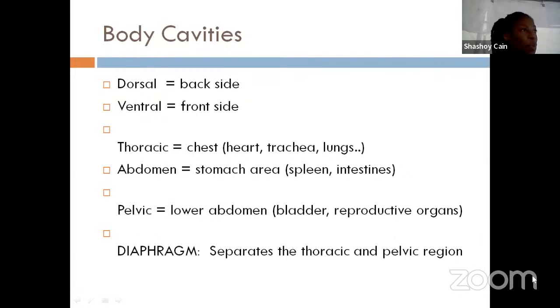And you have the abdomen, which is the stomach area, which includes the spleen and the intestines. So you have pelvic, which is the lower abdomen, which includes the bladder and the reproductive system organs. And the diaphragm separates the thoracic and the pelvic region. So where is the thoracic cavity? Chest, right?